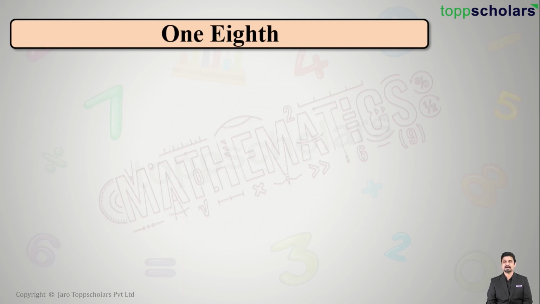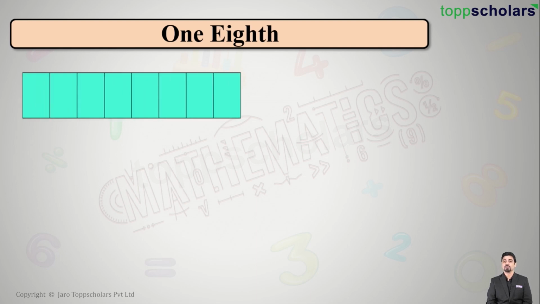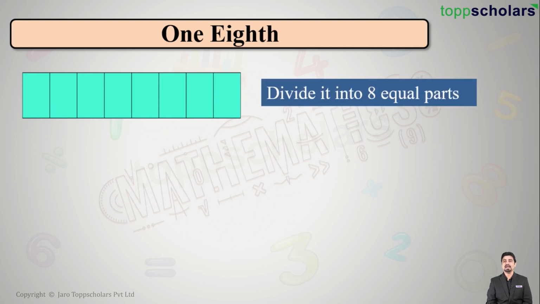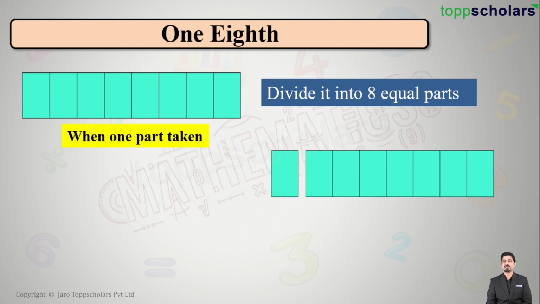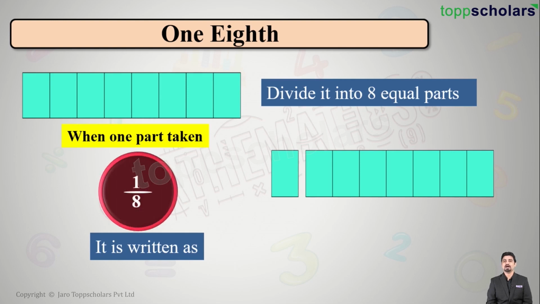Let us now see what do we mean by 1/8. Students, by this time, you must be all aware how we write this. Let us quickly have a look at it. One entire rectangle divided in 8 equal parts. From the 8 parts, one part is taken. Then 1 out of 8, we write it as 1 upon 8. That's right.